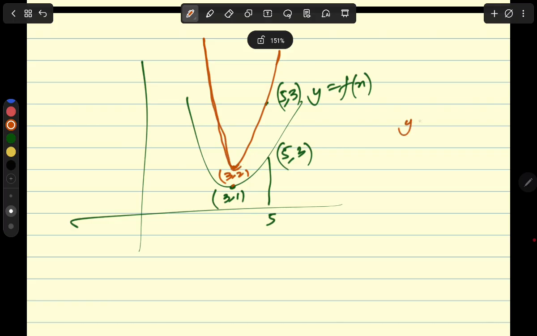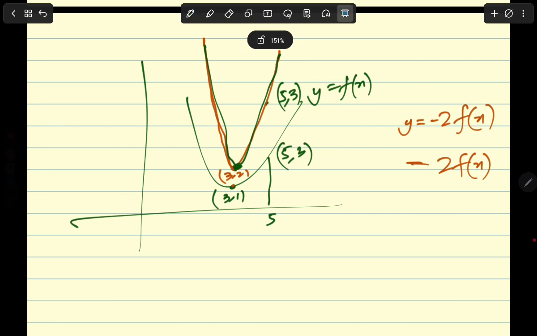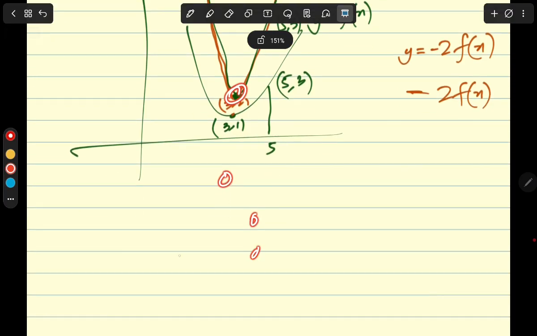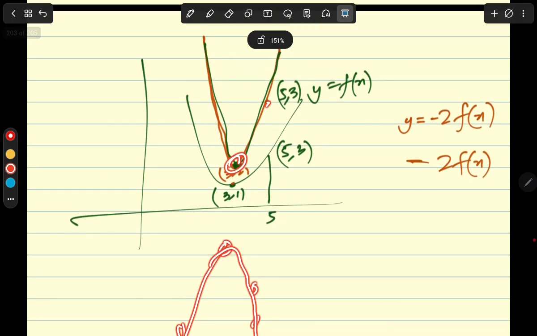Now, if this was minus 2 f of x, first it has stretched, so now 2 f of x, and now we will put a negative sign. So all of these stretched values are going to become negative. This value right here comes here, this value comes here, this comes here. So the stretched graph is now going to get flipped over and mirrored on the x-axis.